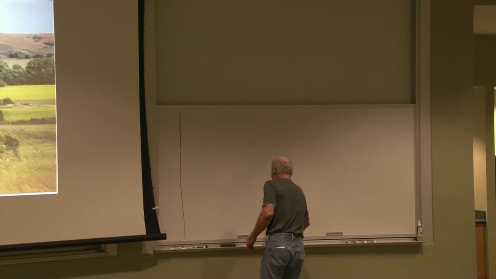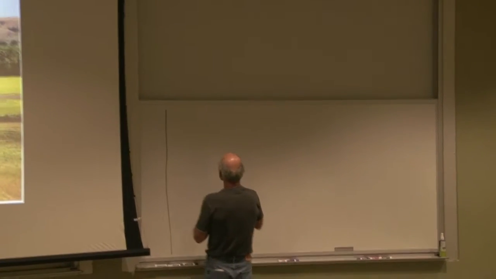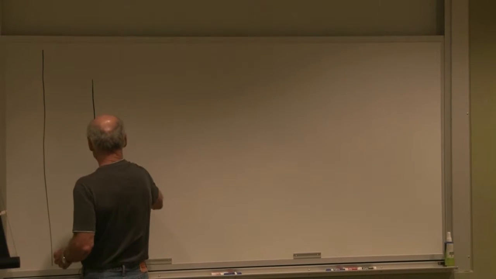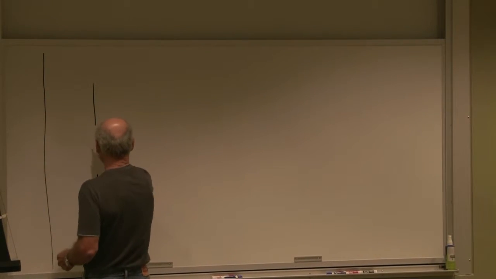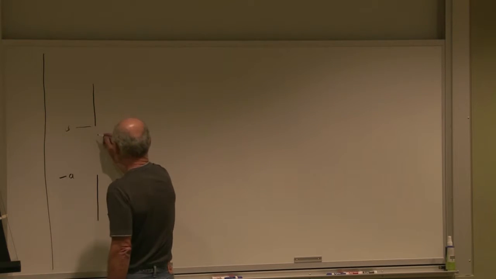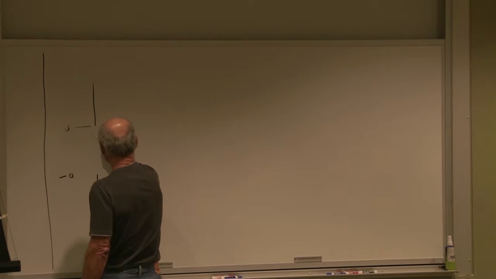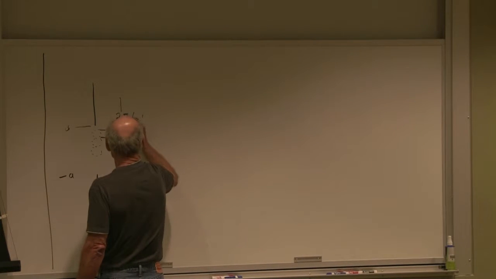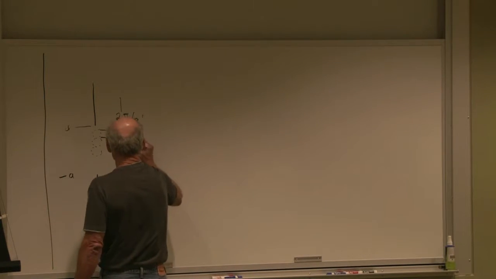So let's remember that in the slit, I'll draw a physical slit now. Here's the obstacle, here's the slit going from A to minus A. There are these regions whose size is 2 pi over q prime, right?